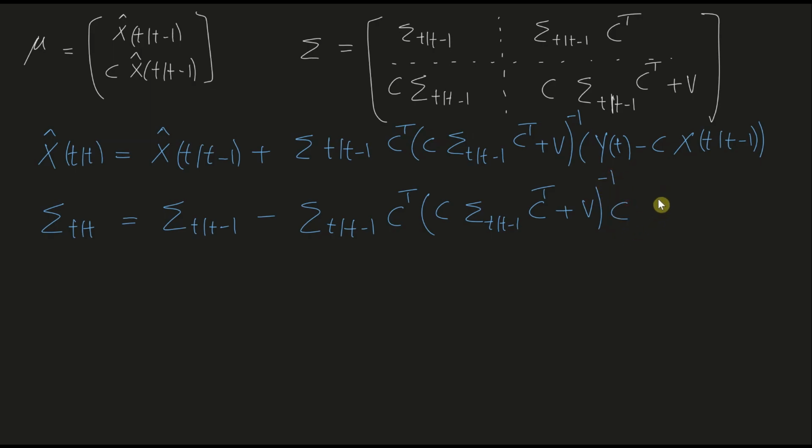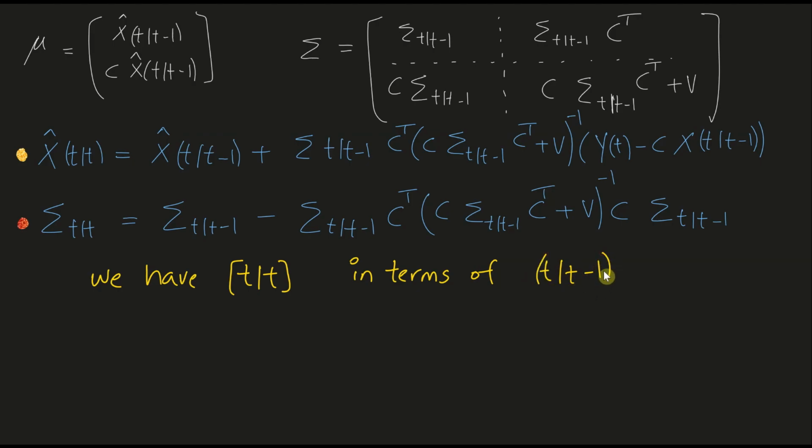And this is really the idea of measurement updating when you think about it. So the previous time step is estimating the current time step. So these are important relationships, and we have t given t in terms of t given t minus 1. And this is really what measurement updating is.